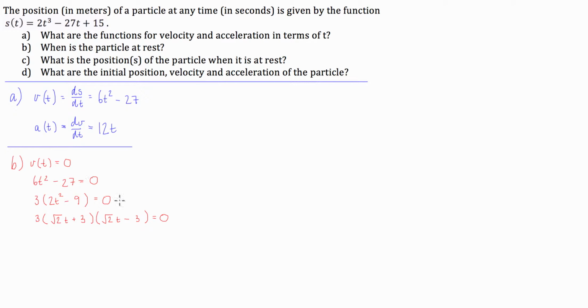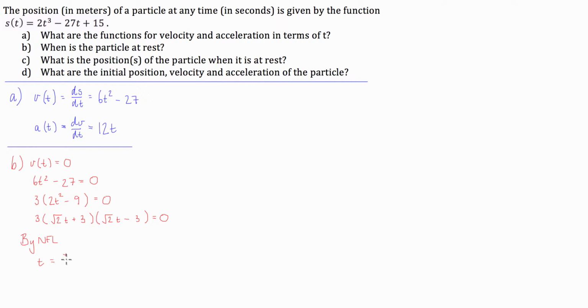Equals 0. Cool. So what we can use now is the null factor law. I'm going to just denote that NFL for null factor law. T is going to have to be equal to either negative 3 over square root 2 or positive 3 over square root 2.